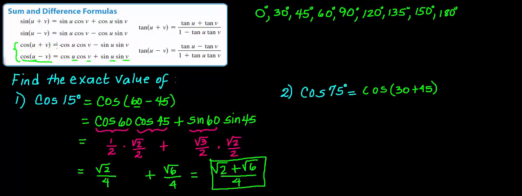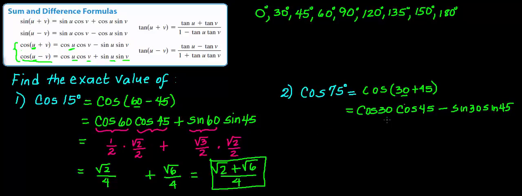The rule says that this will equal the cosine of u, that means the cosine of the first angle, which in our case is 30. So it says cosine of 30 times the cosine of v, which is the second angle, so times the cosine of 45. And then we have a minus sign, so minus sine of u, sine of v, which means sine of 30, sine of 45. Okay? And that's it.